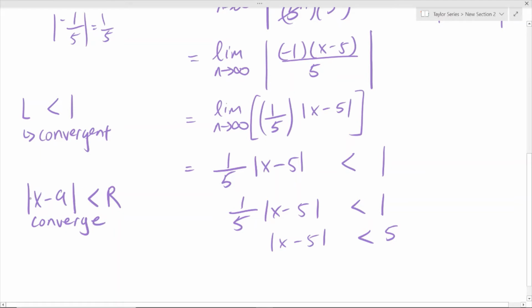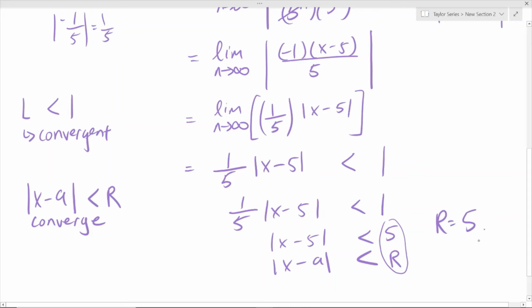In this format, x minus a is less than r, and our r in this case is going to be 5. So our radius of convergence is therefore 5.